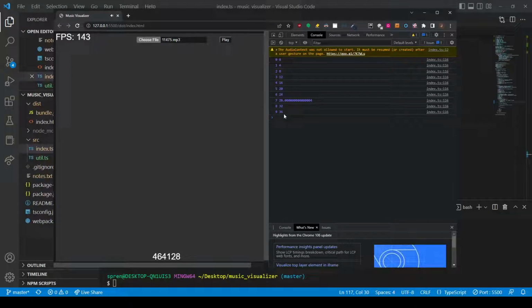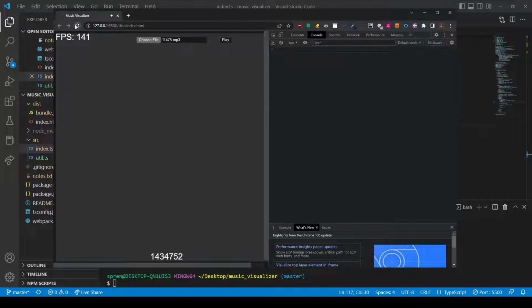I don't know what the big deal is. 0 maps to 0, 1 maps to 4, 2 maps to 8. Huh. What is the problem? I don't understand.